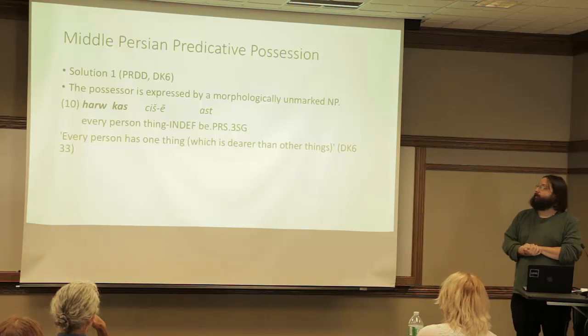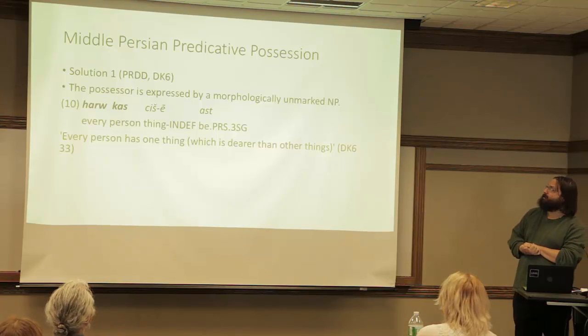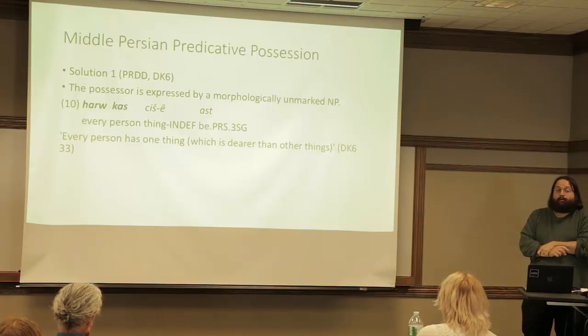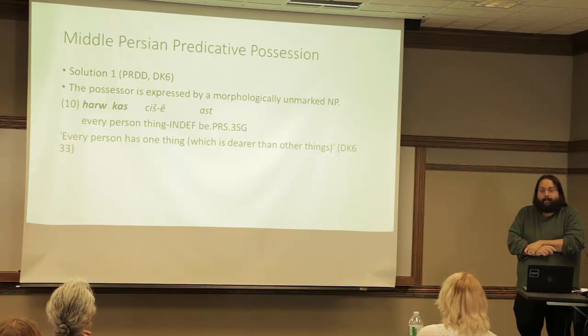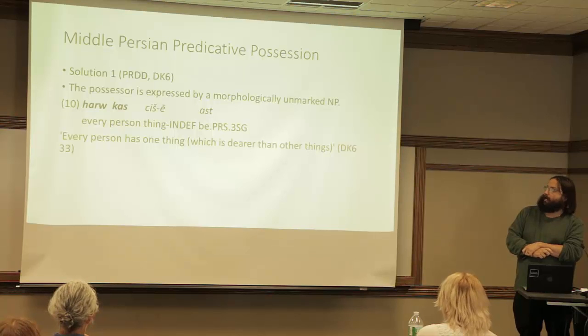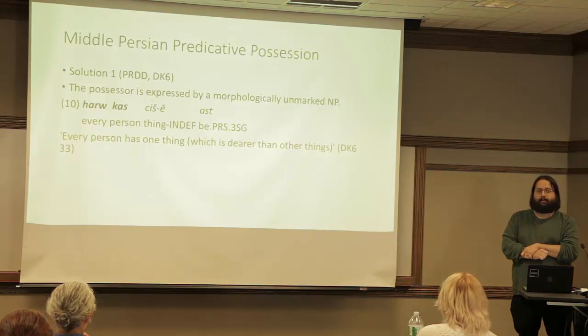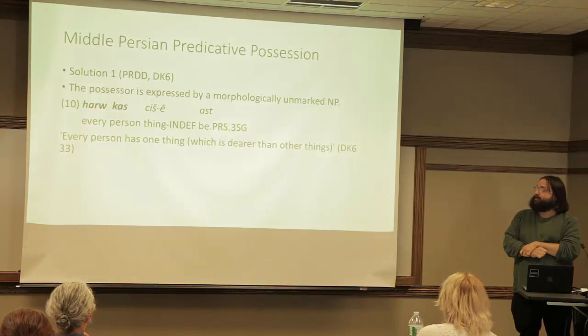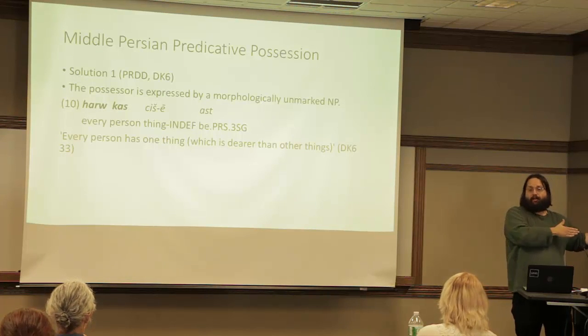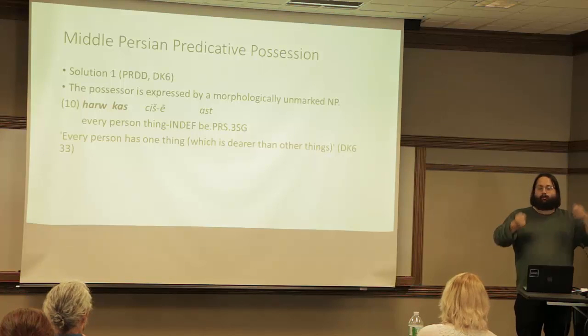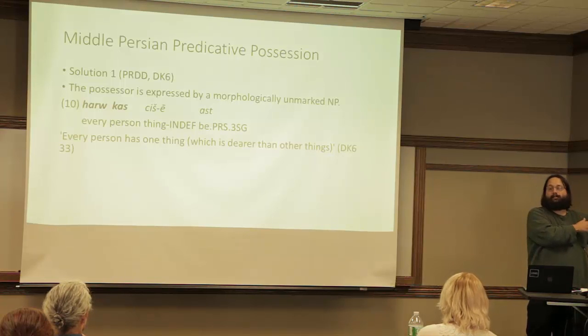So the first, from the Denkard 6 and the Pahlavi Rivayat, the possessor is expressed by just a morphologically unmarked noun phrase. Here we have "every person", the word for a thing followed by an indefinite article, and the present tense copula. And we know that this is not the case that every person is a thing, because the following sentence tells us that this is a thing that this person holds dearer and more important than anything else in the world.